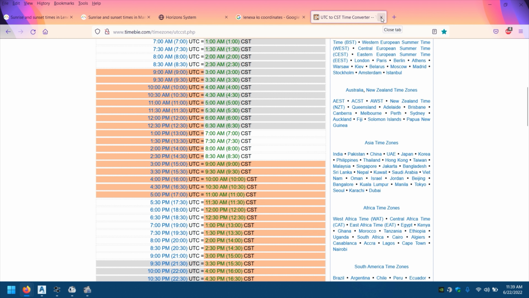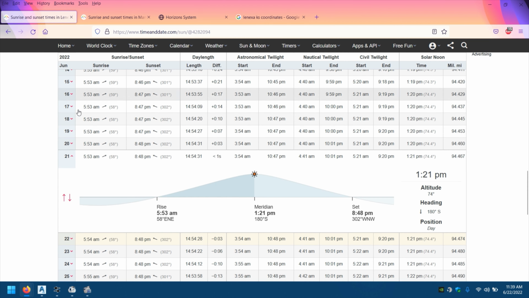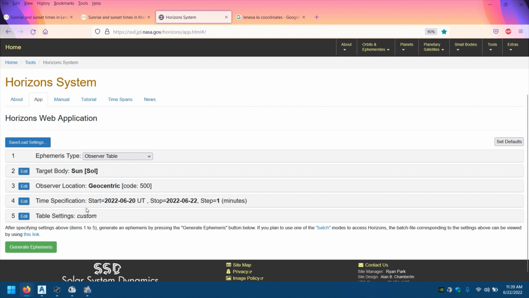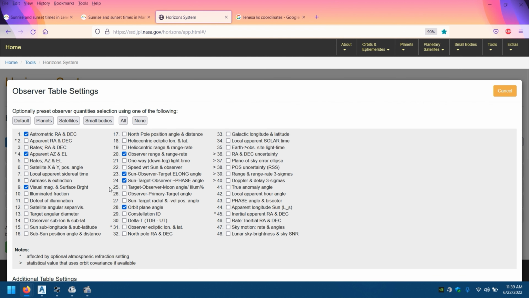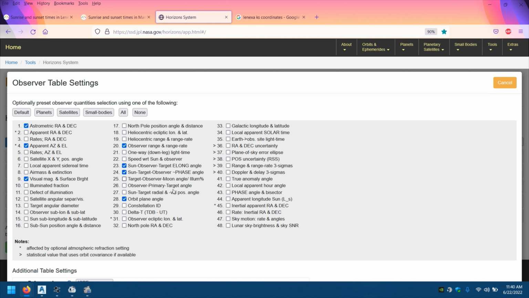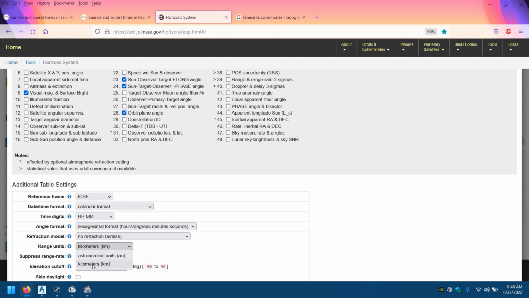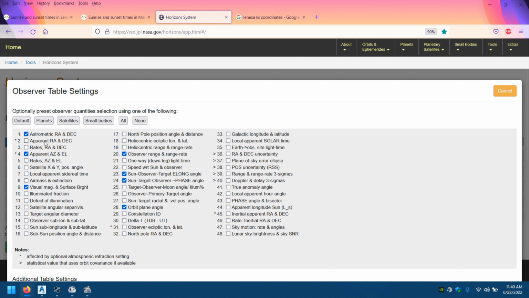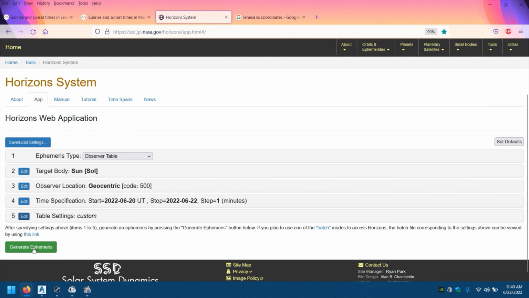So 18:24. I come over to this NASA website, and I have this filled out. The sun is the target body, and this is the Earth. I've got my times, with increments of 1 minute. Then I set up this table, which gives you the parameters, and I want it in kilometers. There's no other choice, really. Then I say generate.